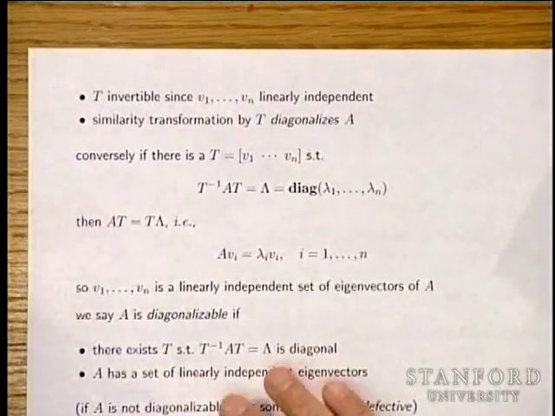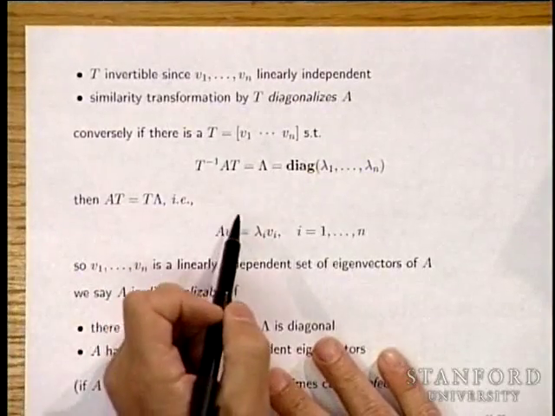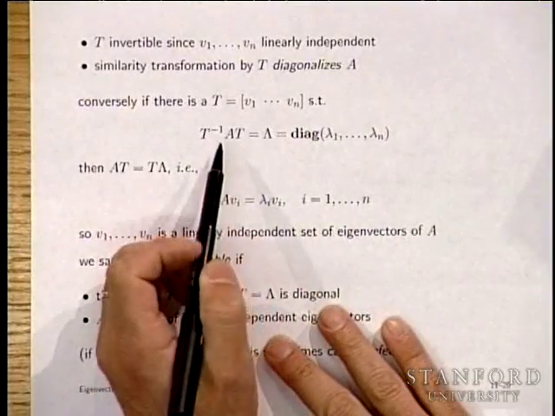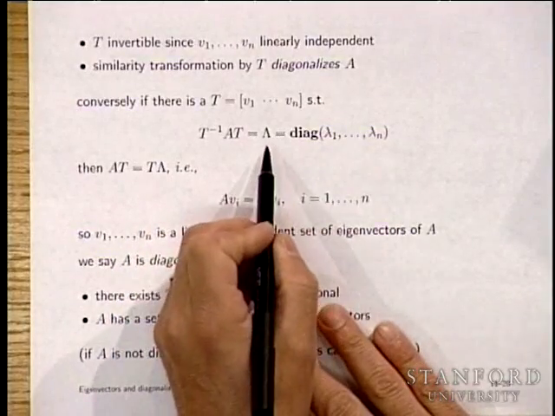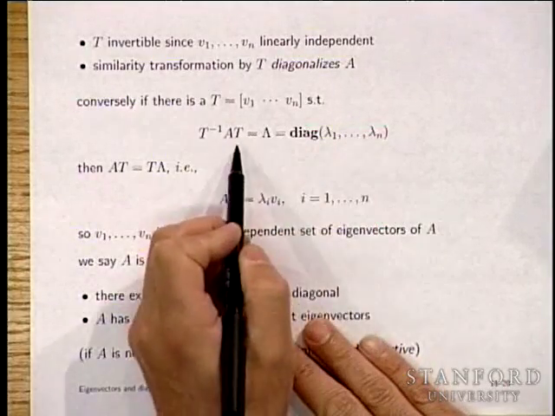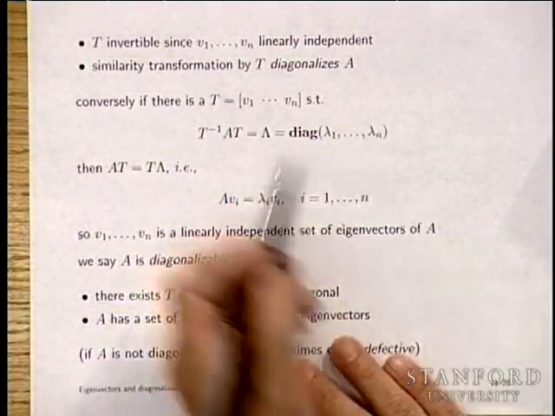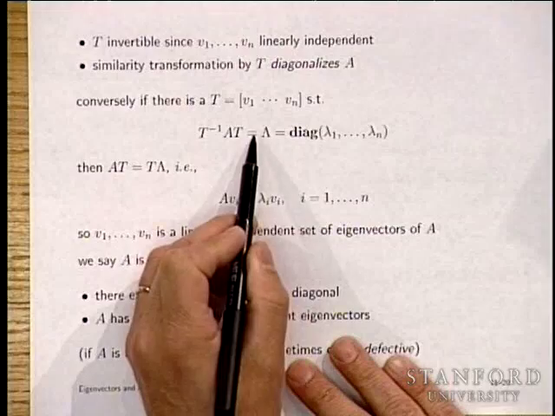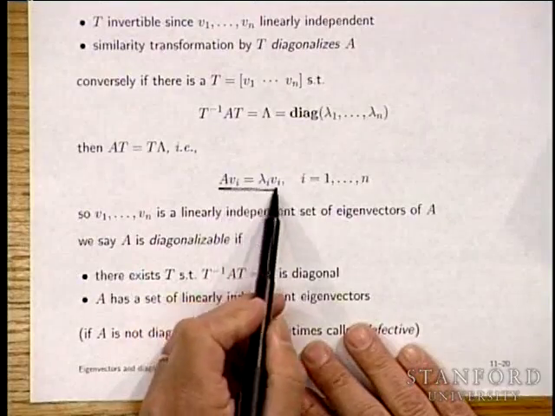Now, this is really in some sense just a change of notation, but it's okay. Suppose you had any matrix T that diagonalized A by similarity. So T inverse AT is diagonal. Let's call these diagonal elements lambda 1 through lambda n, and call the columns of T, v1 through vn. If I do that, I rewrite this equation as AT is T lambda. Now I examine these column by column, and column by column that says this.